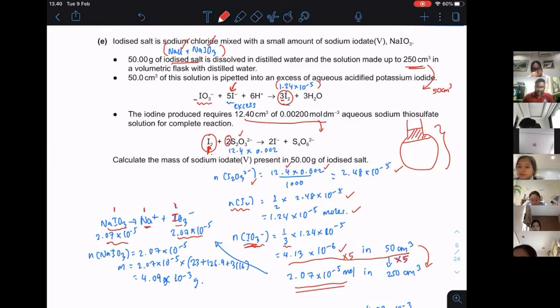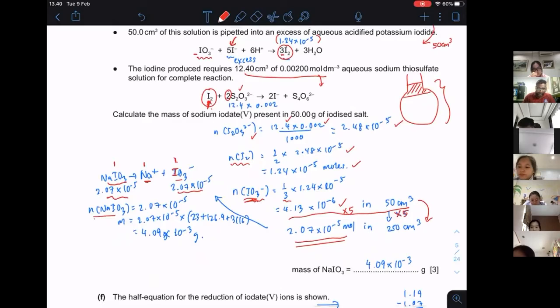Please take note. I found out my number of moles of this, and I can calculate my mass. Use number of moles equals mass over Mr, so the mass is number of moles times the Mr. The Mr of what?